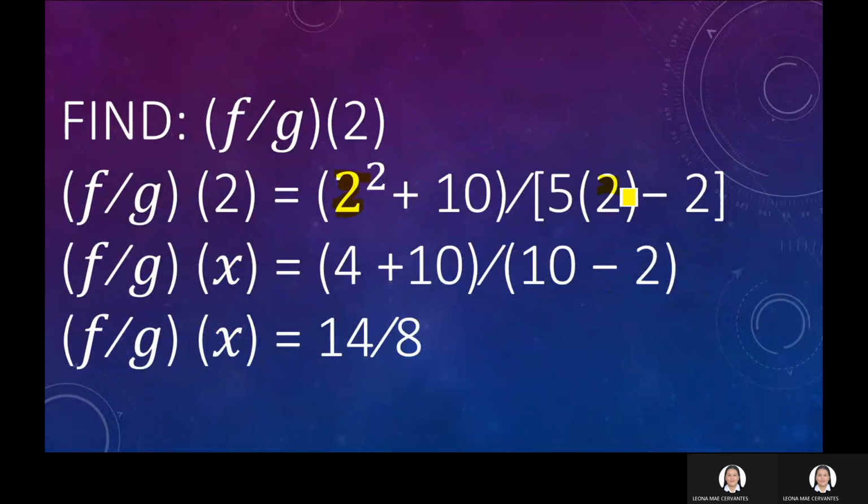So 5 times 2 minus 2. 2 squared is equal to 4 plus 10. 5 times 2 is equal to 10 minus 2. 4 plus 10 is equal to 14. 10 minus 2 is equal to 8. So f divided by g of x is equal to 14 over 8. Okay?